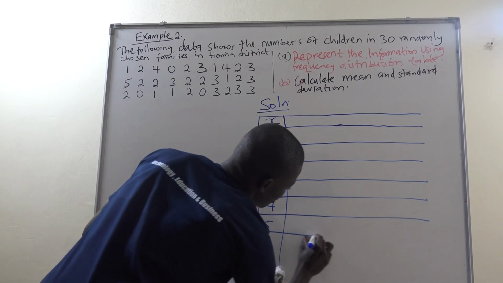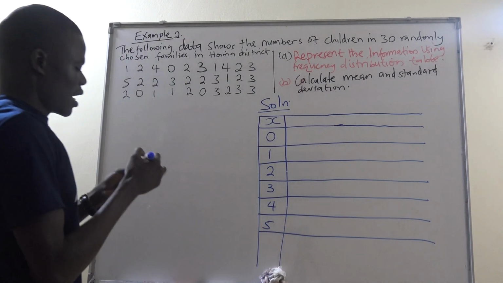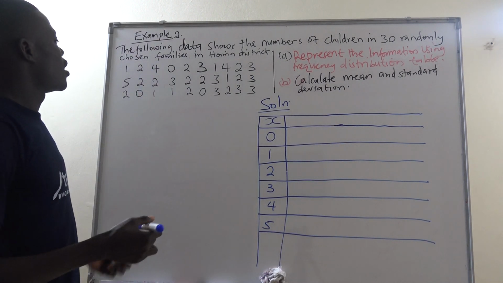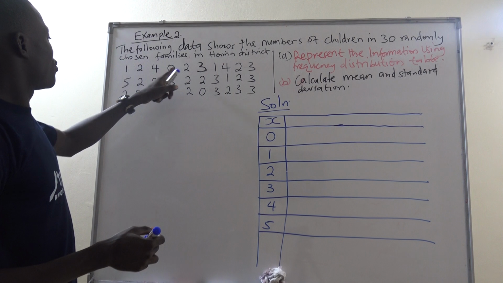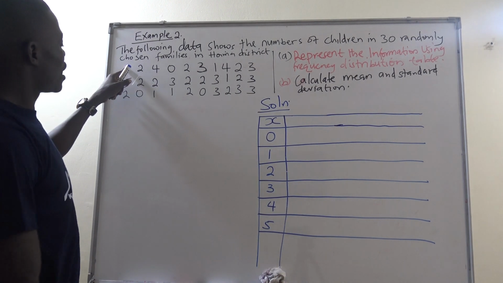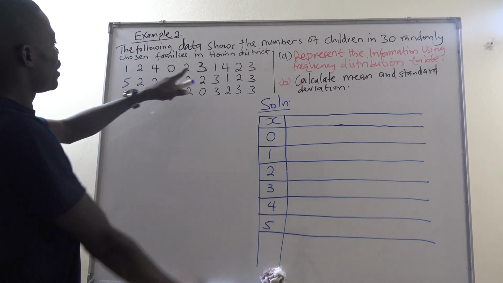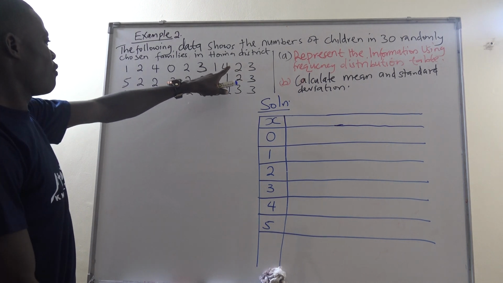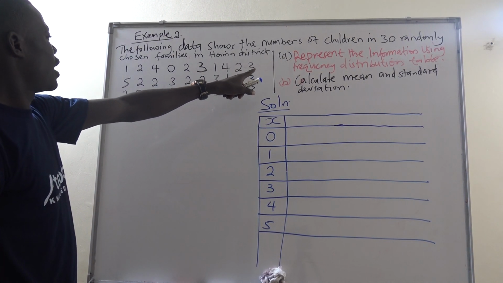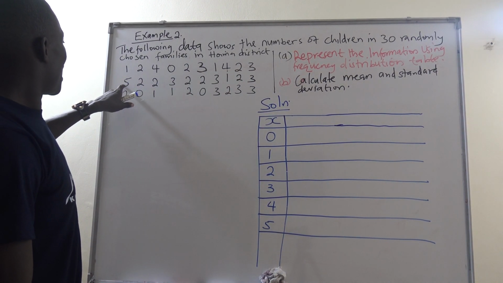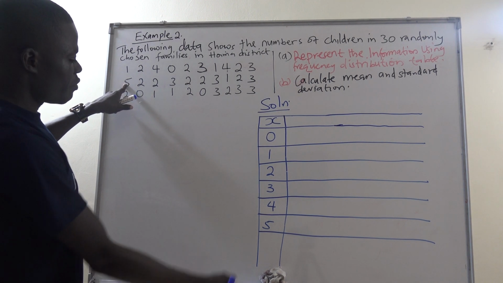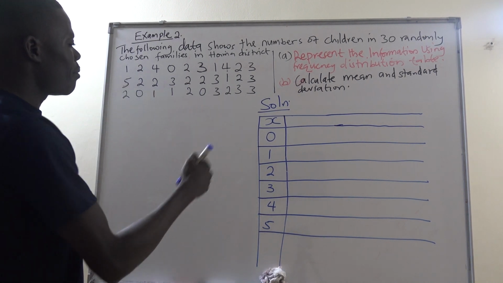These are the values which I'm seeing. I'm seeing 1, which is here, 0 is here, 1, then 2, then 3, then 4, then the first column is done. The first row, then the fifth one. The rest are being repeated.